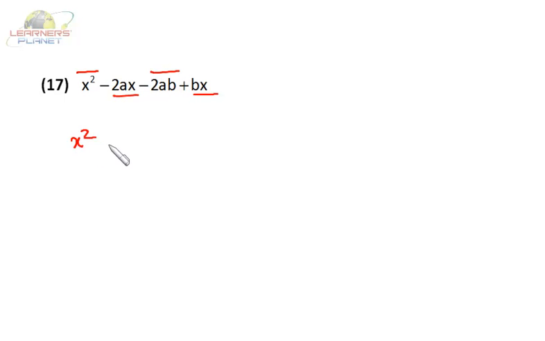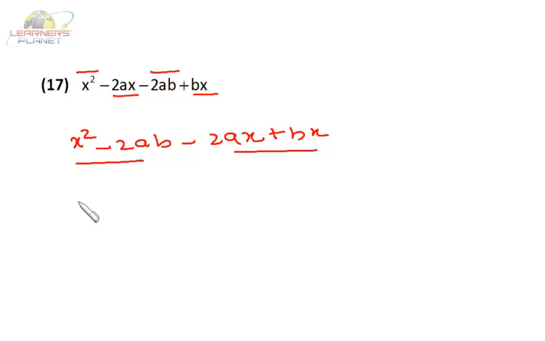So it's x square minus 2ab, then minus 2ax plus bx. Now from these two and from this two, nothing is common. If nothing is common and from this place x is common, so we cannot take a common factor. So this regrouping will not work.